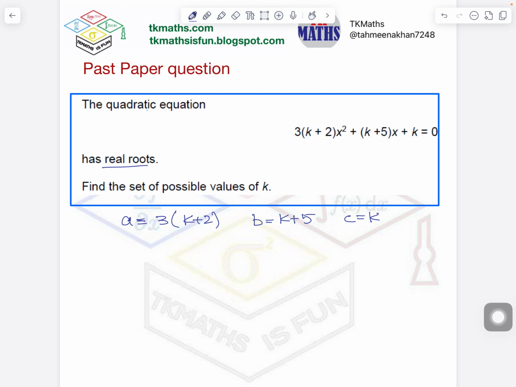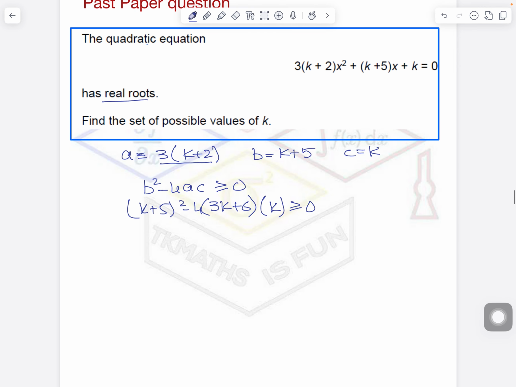Because it is saying real roots, this time I will use the greater than or equals to symbol. So b square minus 4ac is greater than or equals to 0. Now let's substitute the values very fast. I'm opening it. It will be 3k plus 6 and c is k. Then you open the bracket.